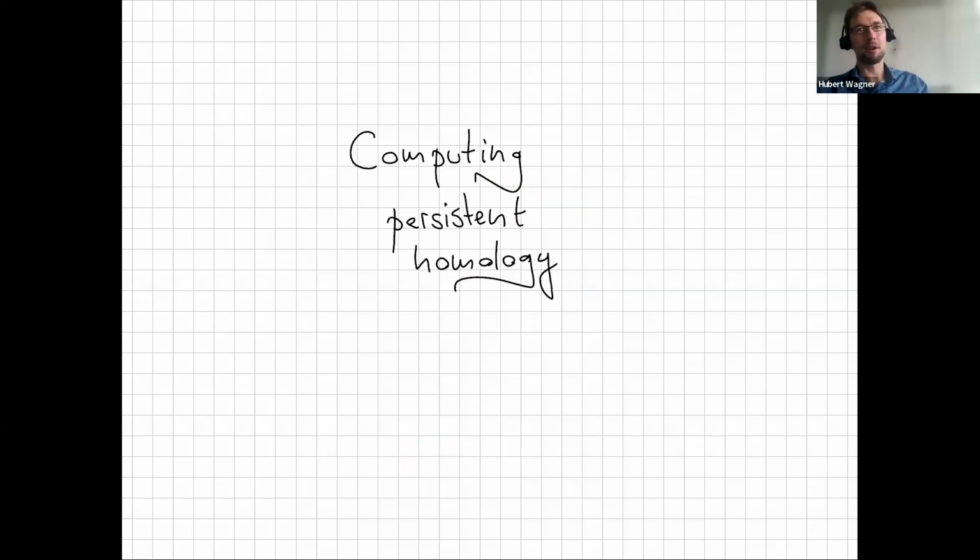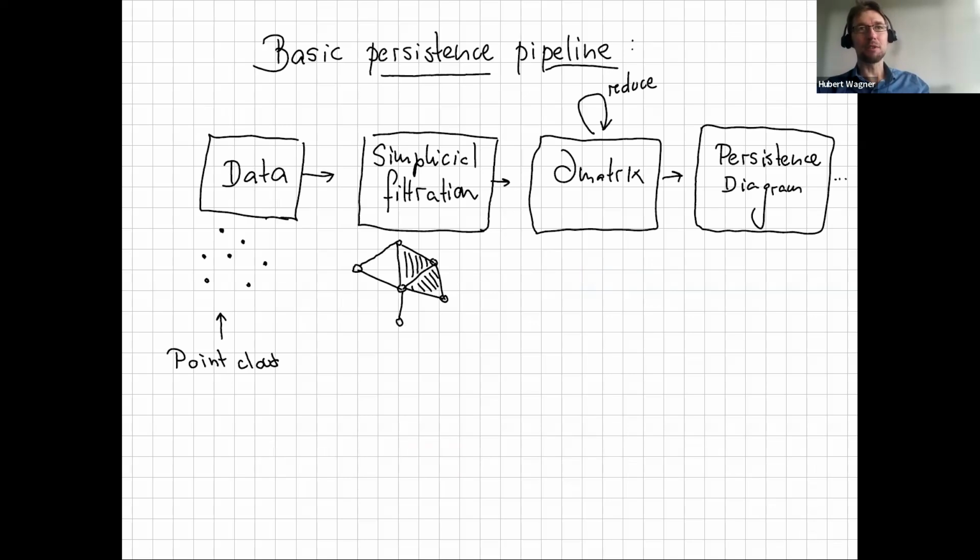So then the question is, how can we compute persistent homology based on this cubical filtration? And I mean, this would be like a basic standard persistence pipeline that most people here should be familiar with, I would guess. So you start with some data, then you cook up a simplicial filtration, then you produce a boundary matrix, which after reducing gives you the persistence diagram, or the persistence pairs.